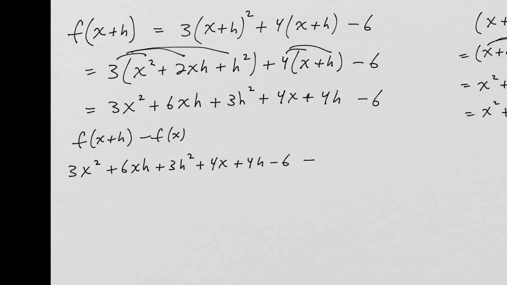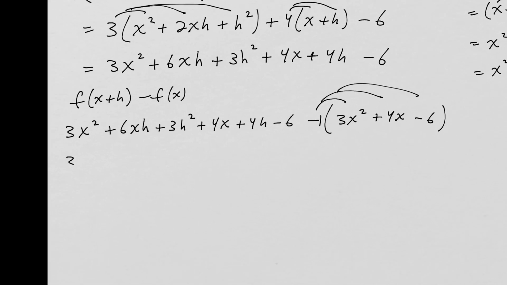And I need to subtract, and you have to be careful here: you're subtracting the entire f of x, so I'll put it in parentheses. Remember that was 3x squared plus 4x minus 6. If I want to remove the parentheses, I need to change the signs, or the other way to think about it is I need to distribute in this minus 1 here.